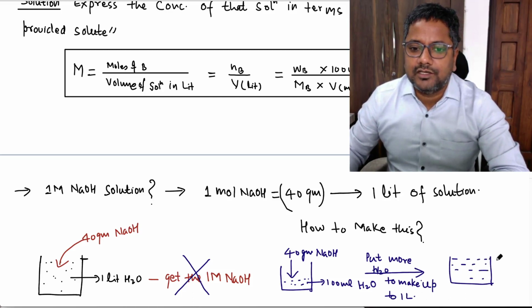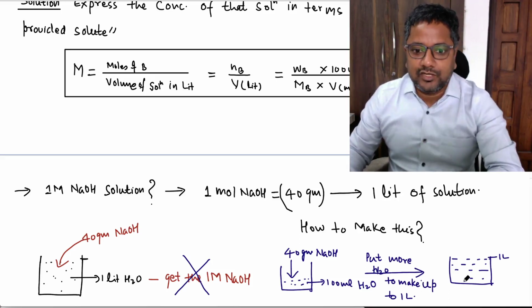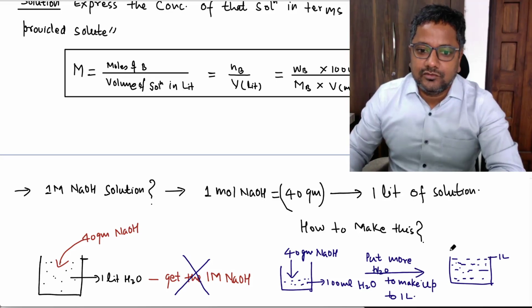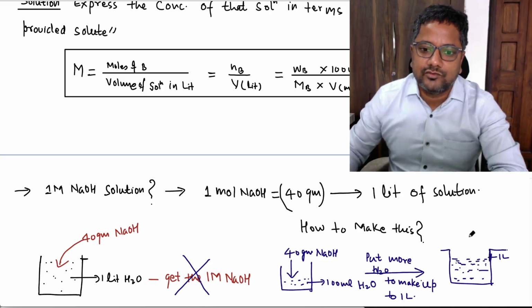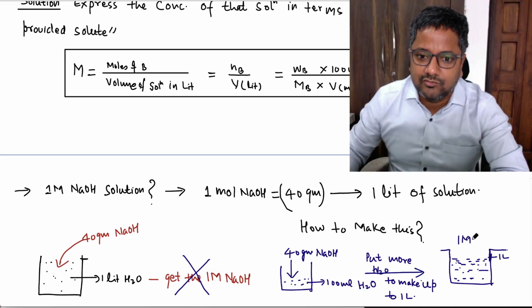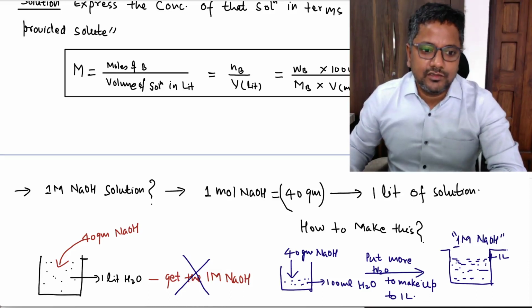Then only you get the correct 1 molar NaOH. This is the 1 liter mark. So by adding more water and making up to the 1 liter, we get the 1 molar NaOH solution, right?